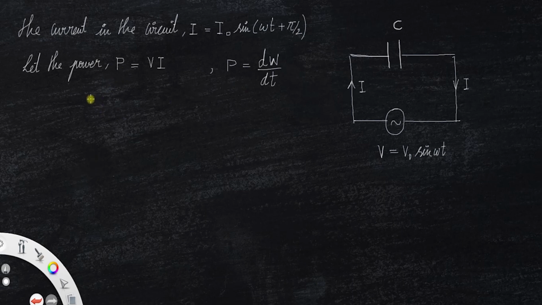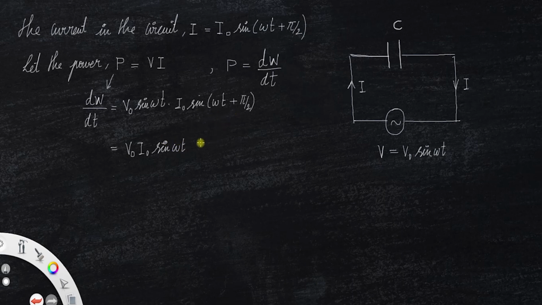So I can write dW by dt equal to V0 sine omega t times I0 sine omega t plus pi by 2. Clear? Rearranging this, you will get V0 I0 sine omega t.